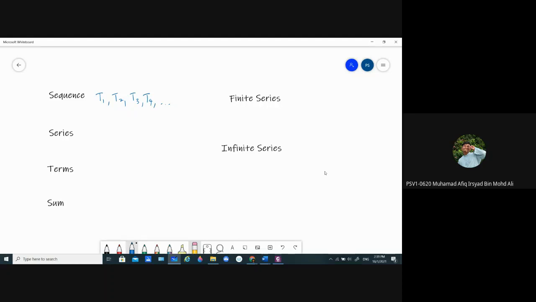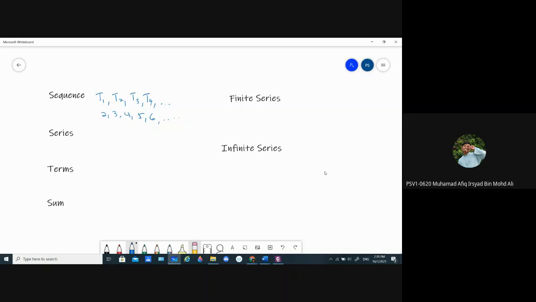A sequence is a succession or a list of terms arranged according to a rule. This is an example of a sequence. It is arranged according to the rule. Maybe the rule here is 1 more: 2, 3, then 1 more is 4, 1 more is 5, 1 more is 6.